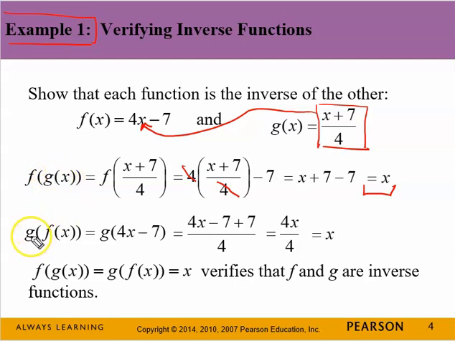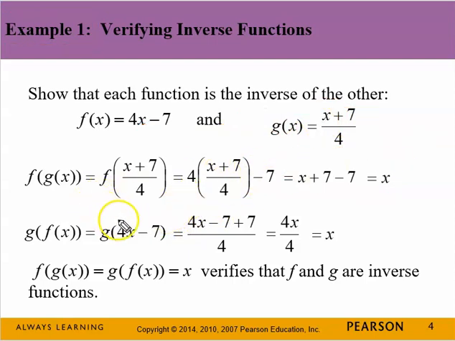Now if we do the composition of g with f, we're going to take this function and put it where the x is up here. Let me clear that up a little. Right there.